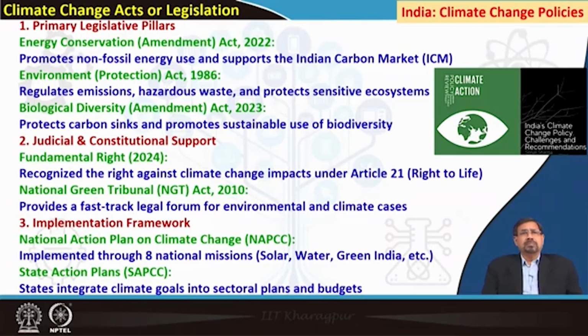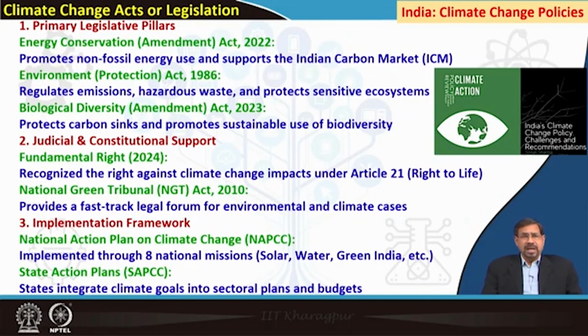These regulate emissions, hazards and waste and protect sensitive ecosystems. We also have the Biodiversity Amendment Act, just 3 years ago, in 2023, protecting carbon sinks and promoting the sustainable use of biodiversity. The second, as I mentioned, is judicial and constitutional support.